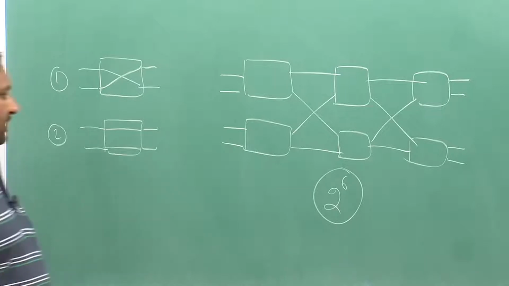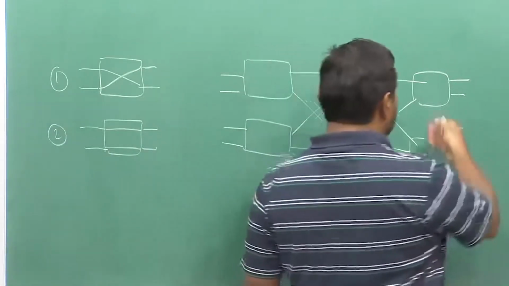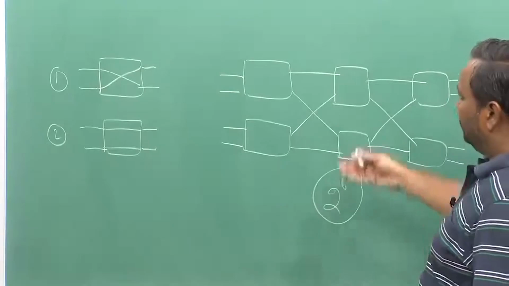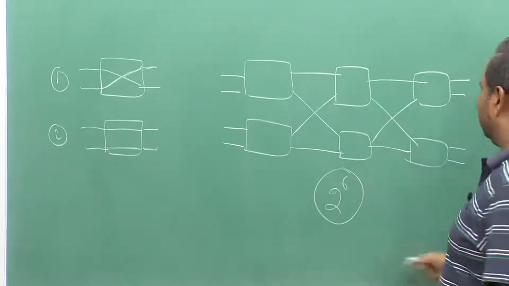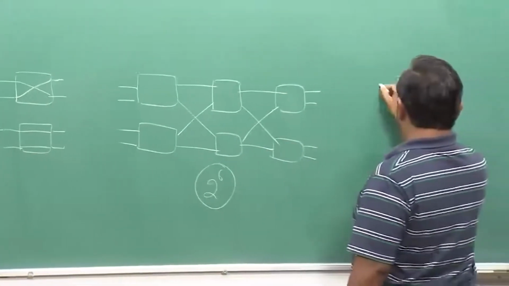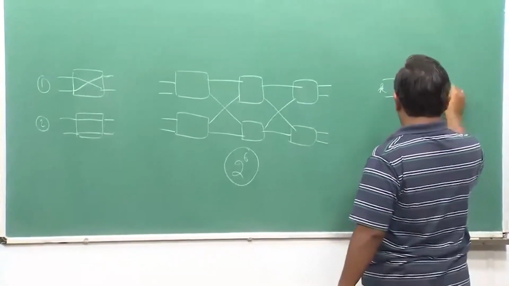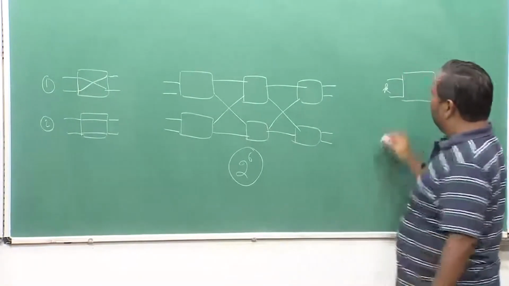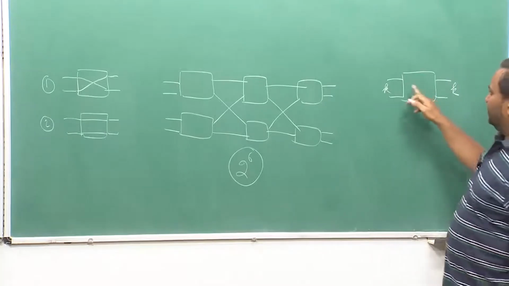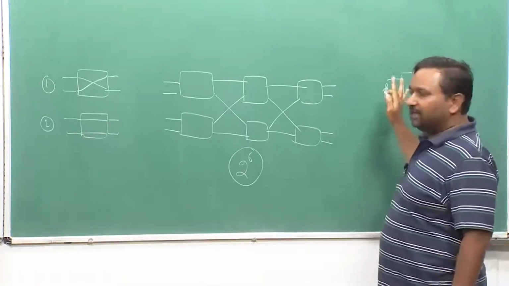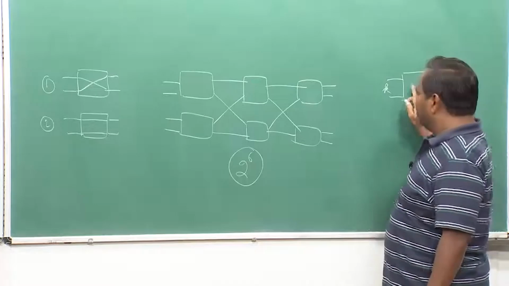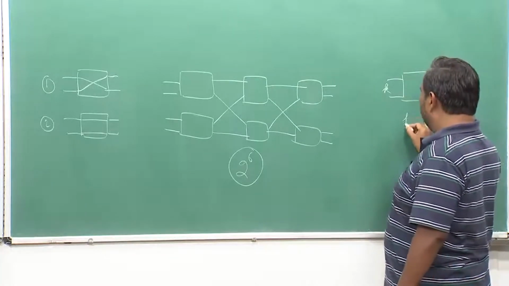If you have any switch, and of course this is not a 2 by 2 but k by k, the total number of possible combinations with which connections can be mapped, if it is a strictly non blocking crossbar, will be k factorial.